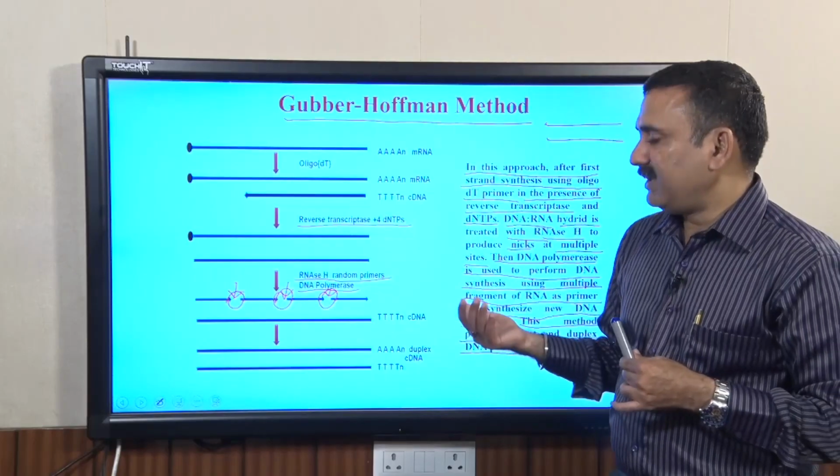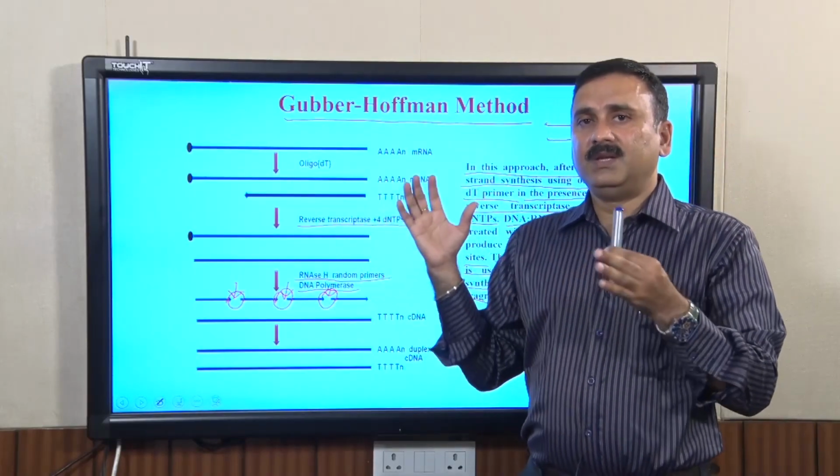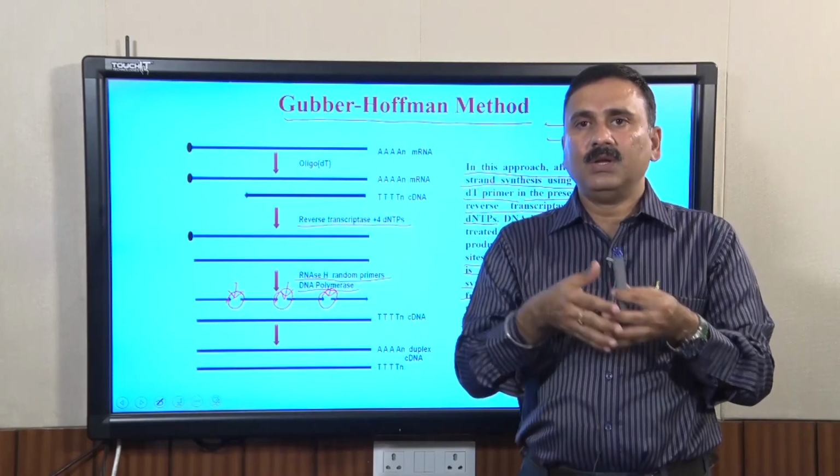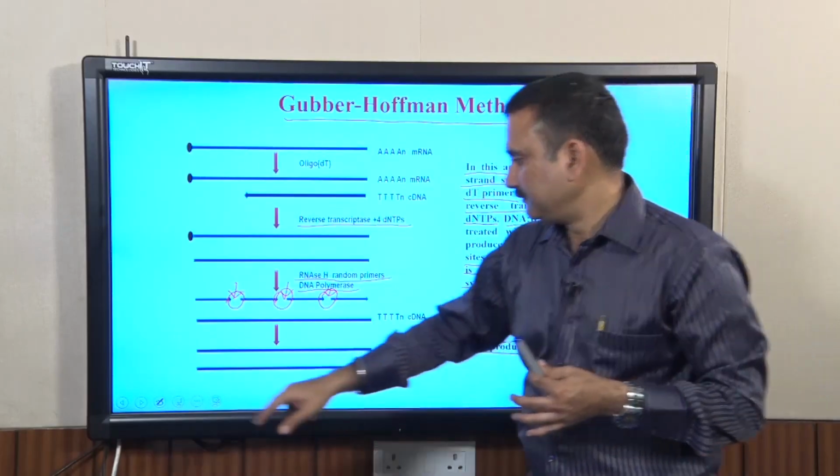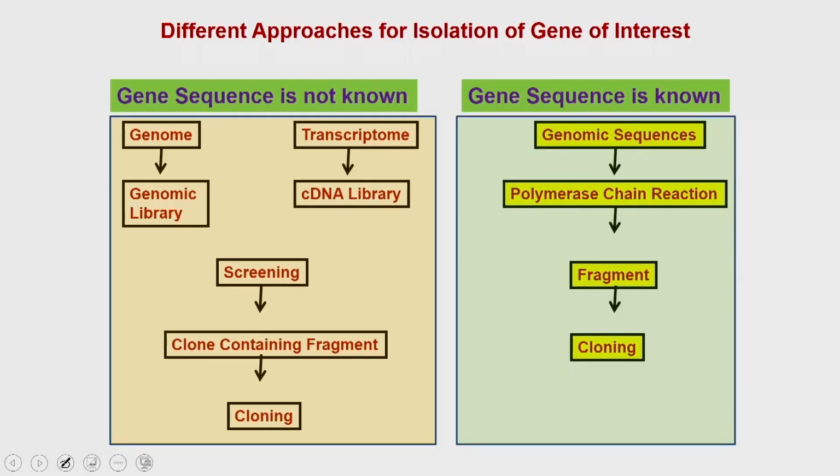Now, the next step is the cloning of these cDNA into a suitable vector. In the subsequent step you are going to do exactly the same as what we discussed for the genomic library preparation.